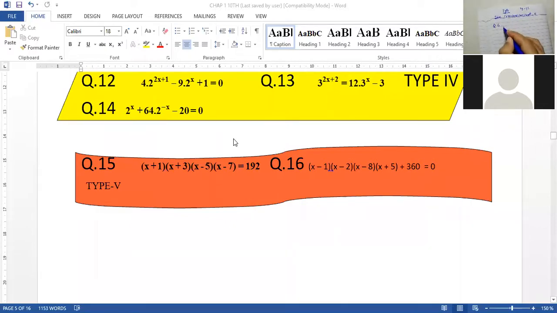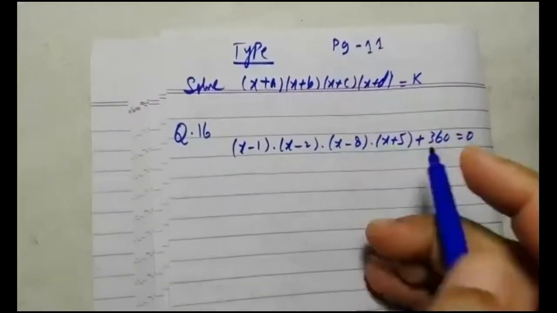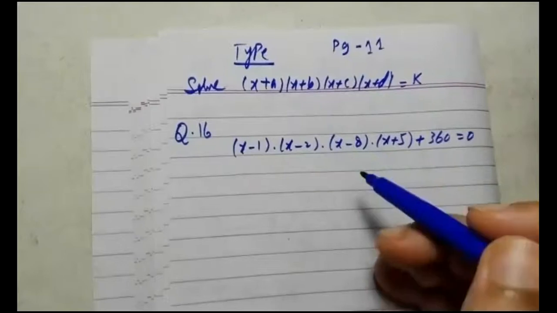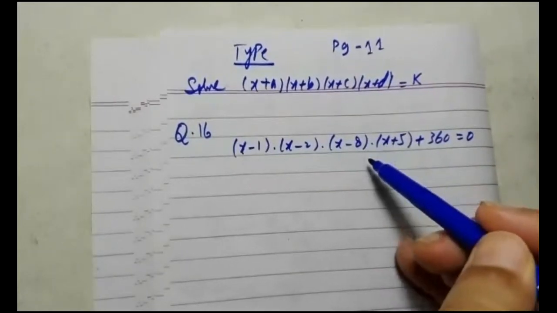So you will take it: (x minus 1)(x minus 2)(x minus 8)(x plus 5) plus 360 equals 0. It is the statement of the question. How to proceed? We have done it before. You must remember that for the solution of this equation, you have to see which two constants have the same sum.